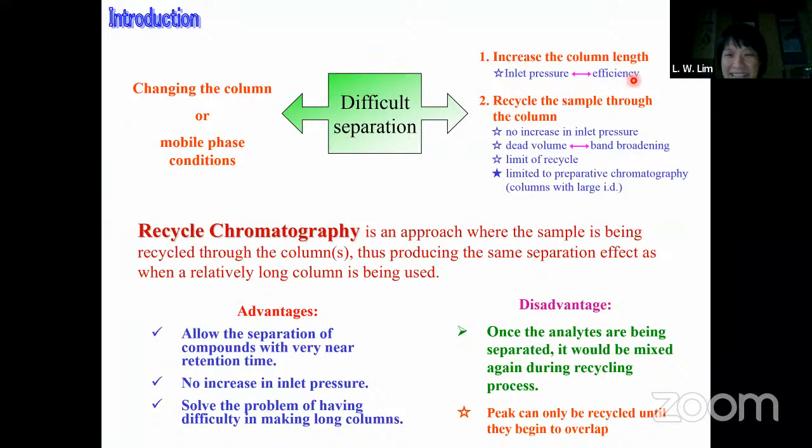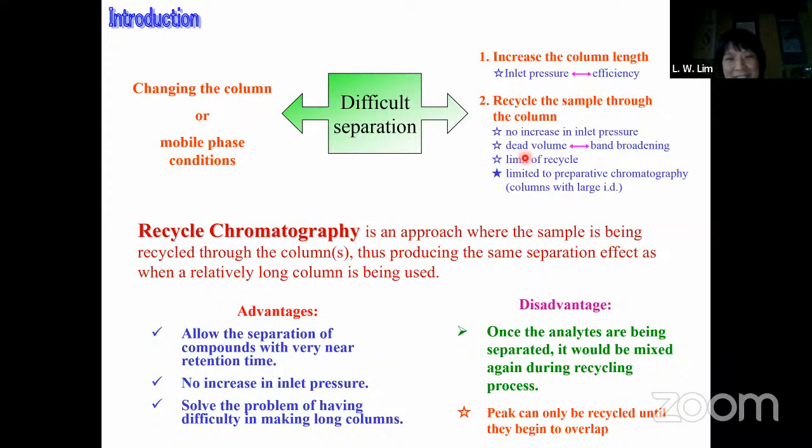Yeah. But in this case, like I said before, when the column is too long, the pressure of your system is very high, and sometimes your injector or your detector will become leaking. So in other words, you have to check the inlet pressure of the system so that you do not have too high pressure, and at the same time, you can have some good separations.